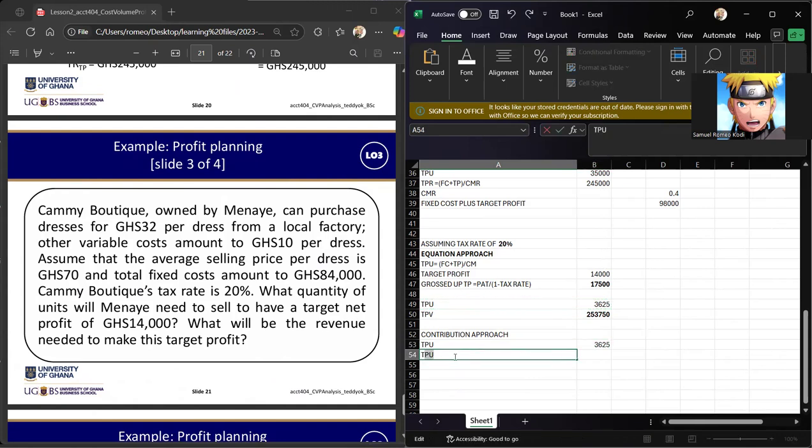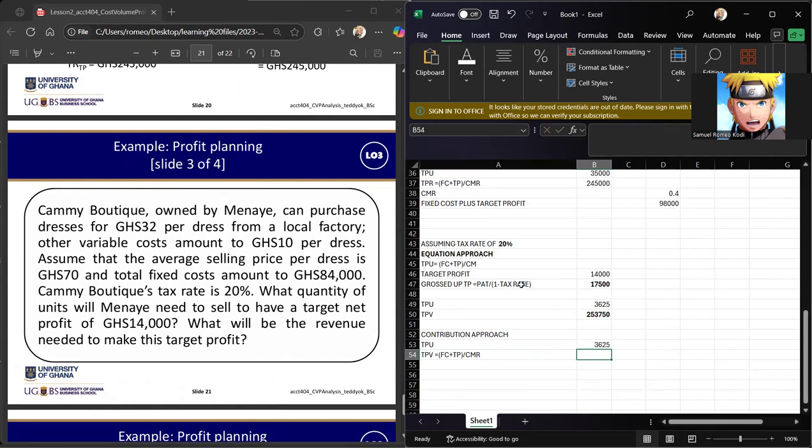So targeted profit value is simply equals fixed cost plus targeted profit divided by contribution margin ratio.